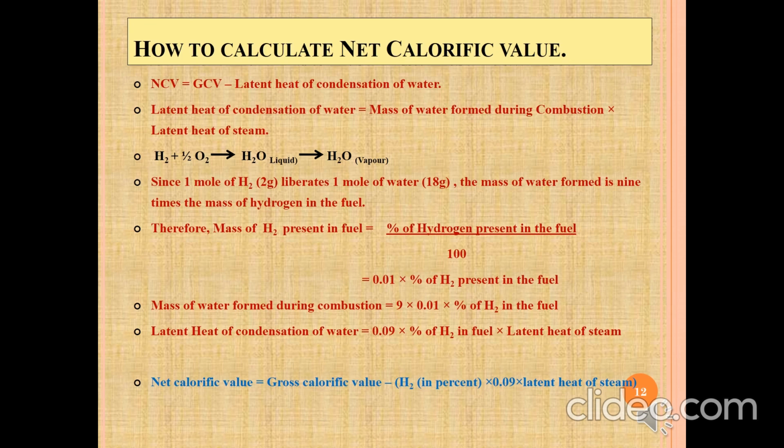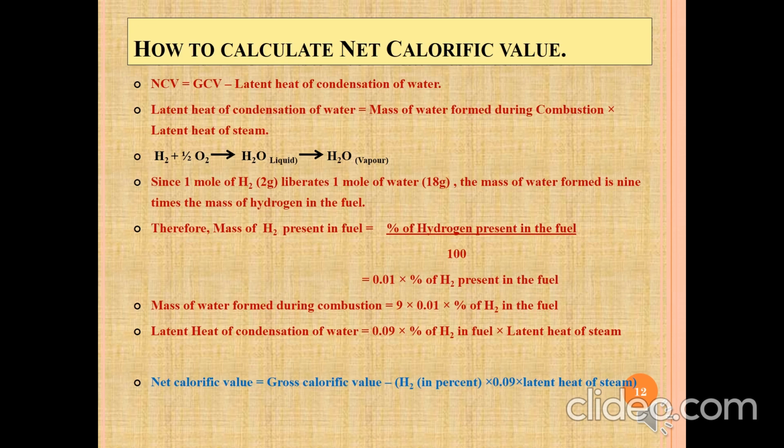Therefore, mass of hydrogen present in the fuel equals percentage of hydrogen present in the fuel divided by 100, which is equal to 0.01 into percentage of hydrogen present in the fuel. Mass of water formed during combustion equals 9 into 0.01 into percentage of hydrogen present in the fuel.